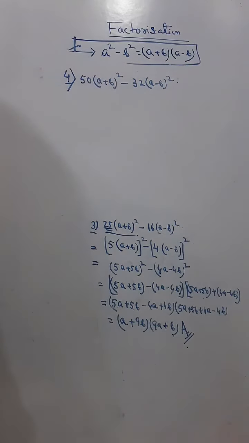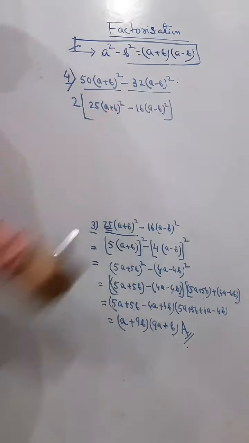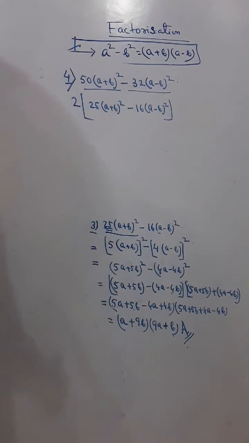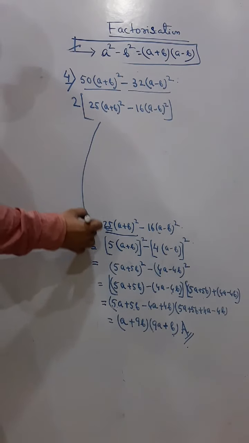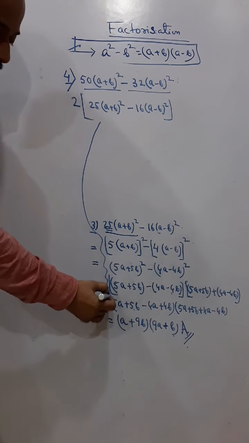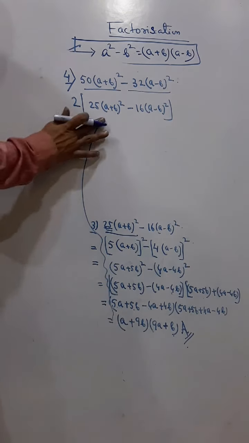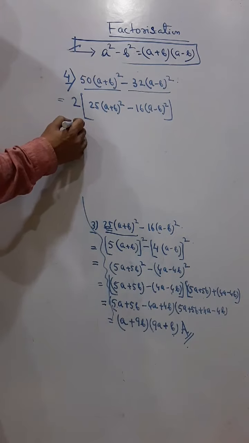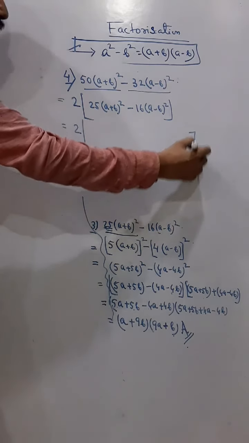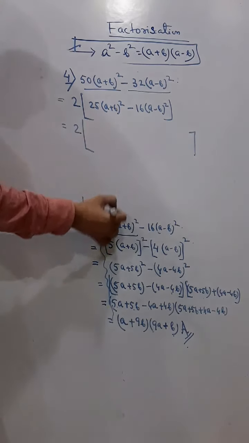Then what I get, 2 times 25(a plus b) whole square minus 16(a minus b) whole square. And now after this I will do the sum in the same way as I have done here, and at every step I'll write 2 and then I'll do the sum in the big bracket.